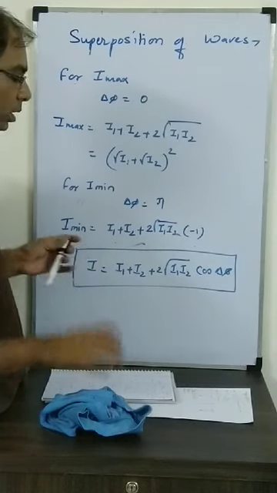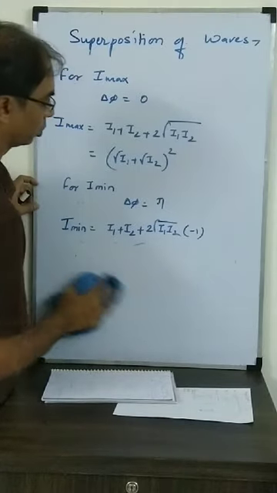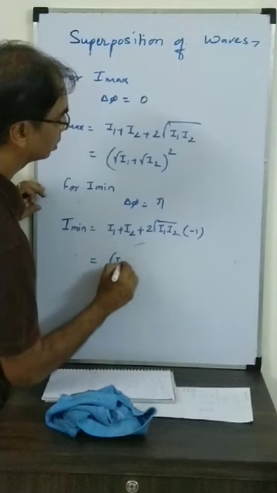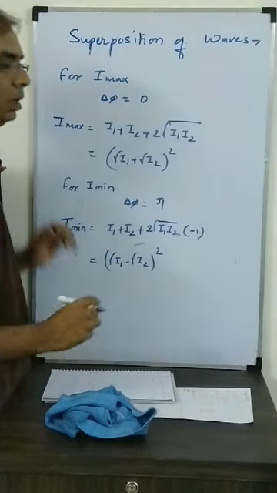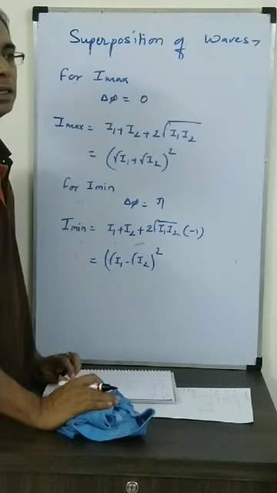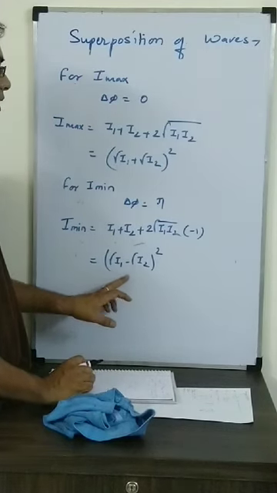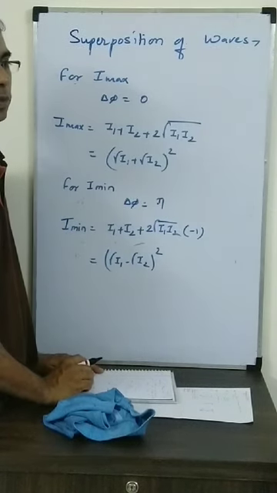So I minimum will be equal to root over I1 minus root over I2 whole square. So this is the minimum value of intensity at any point, and the other is the maximum value of intensity at any point.